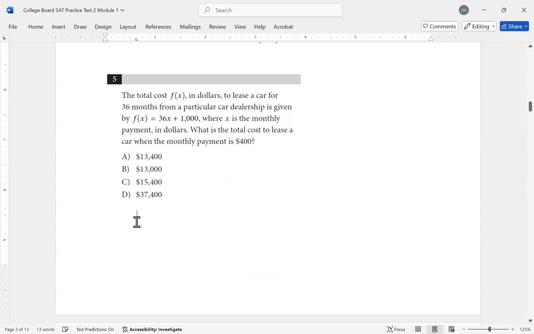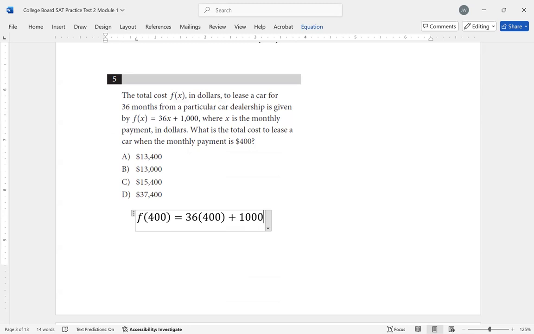So in this case, total cost is the f of x. All we have to do is plug in 400 for the x. We'd get 36 multiplied times 400 and then add 1,000.